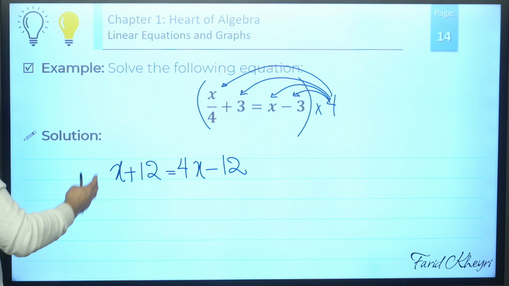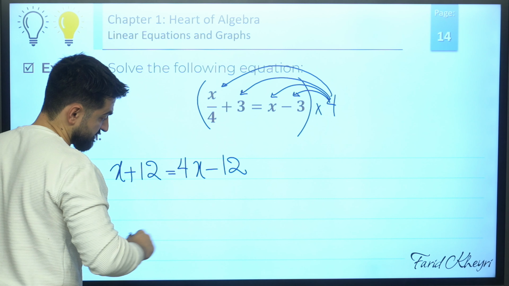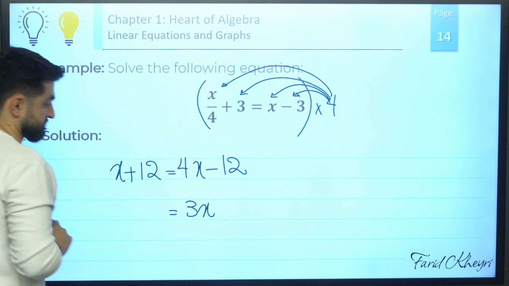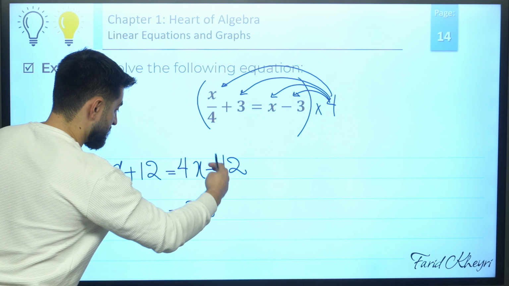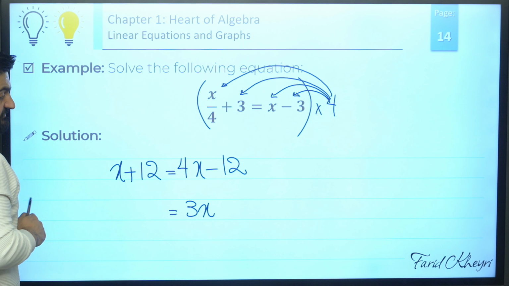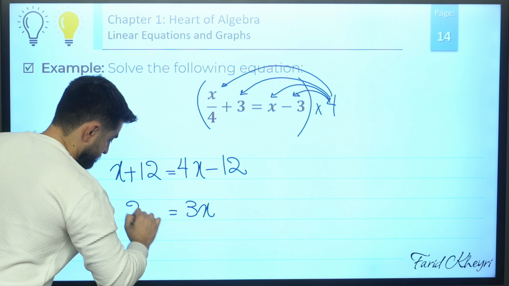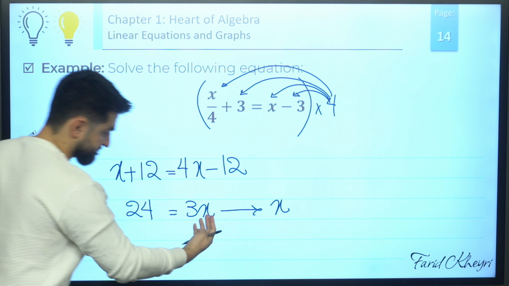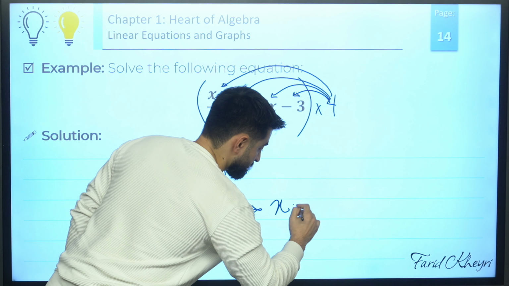So if we bring x to the other hand side, it will give us 3x is equal to this minus 12 coming to the left hand side will give us 24. Therefore, dividing both sides by 3, x will be 8.